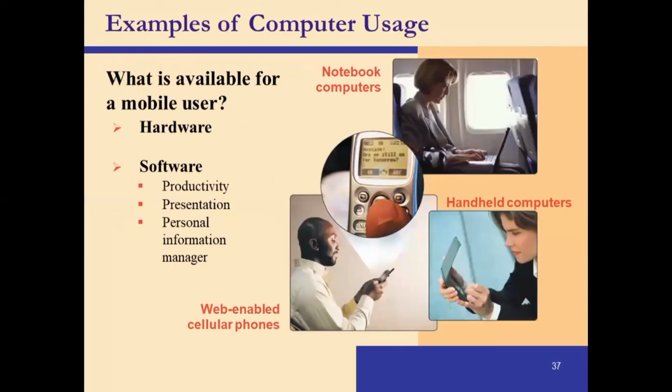Now come to the mobile users. Mobile users are, first of all, users of handheld computers, web-enabled cellular phones like smartphones, and notebooks. The users who have these devices are mobile users. They have hardware, which are these devices, and software. They have all the software that a computer would have: personal information manager, presentation.